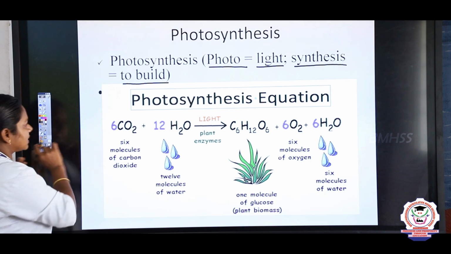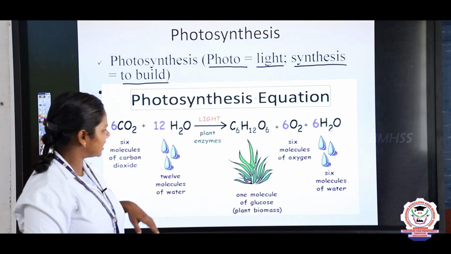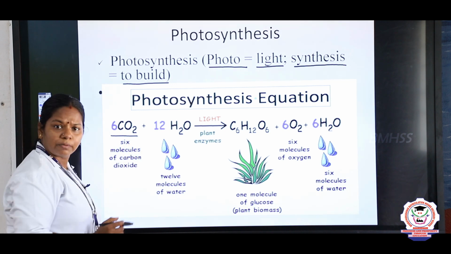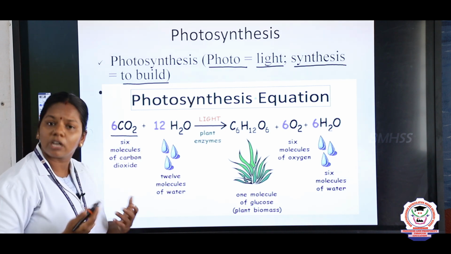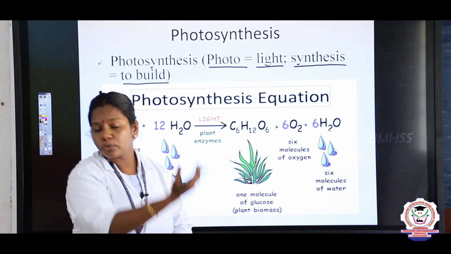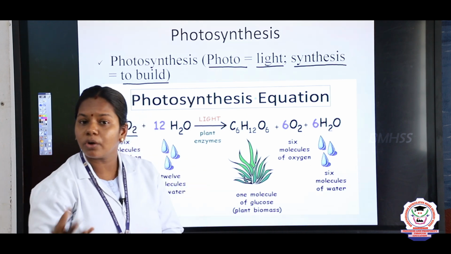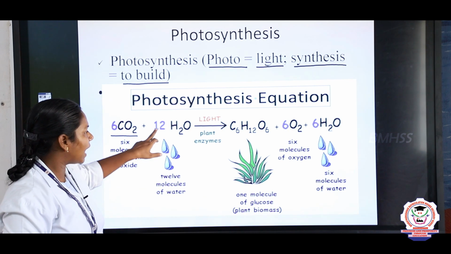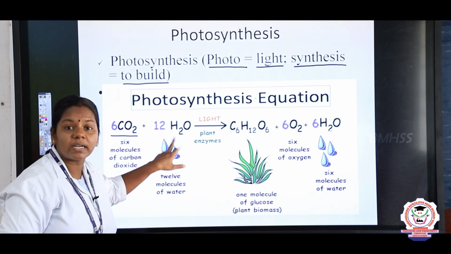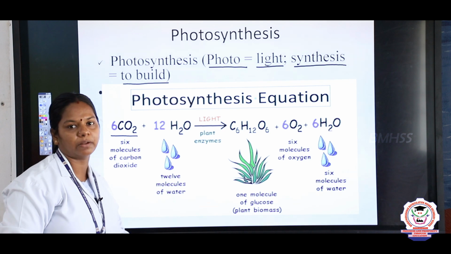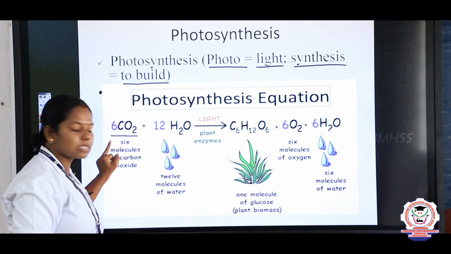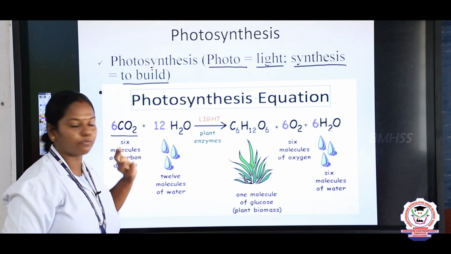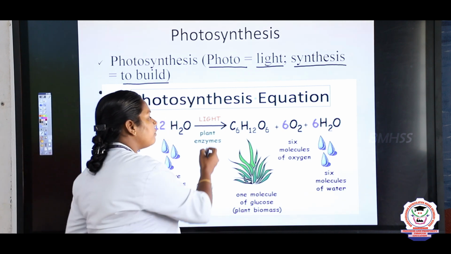So now we are going to discuss the overall equation of photosynthesis. Right, children? So carbon dioxide. Plants use carbon dioxide. How is the carbon dioxide produced? We breathe out carbon dioxide and all the animals breathe out carbon dioxide. So plants absorb the carbon dioxide, and with the help of water. How do the plants get water? From the root. So 6 molecules of carbon dioxide plus 12 molecules of water in the presence of light.